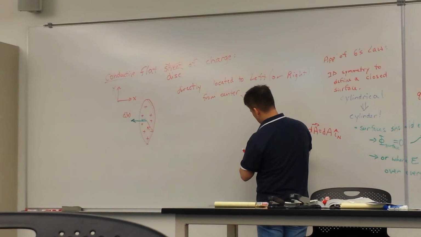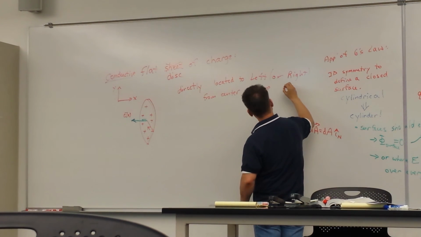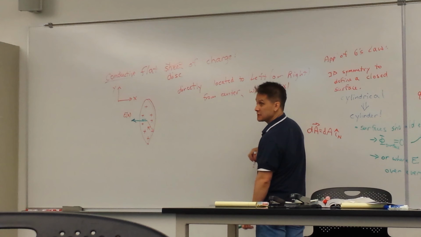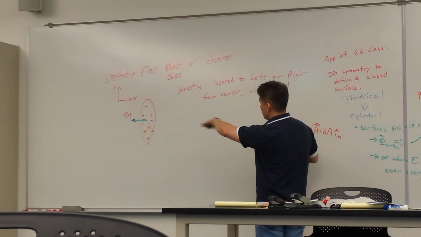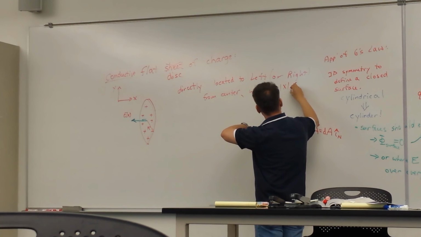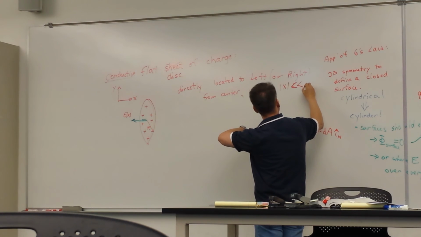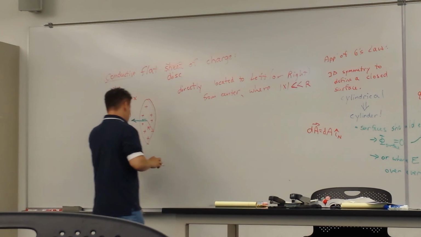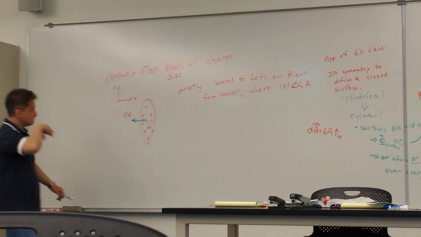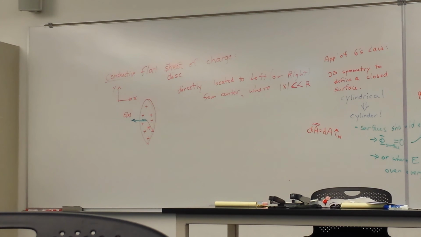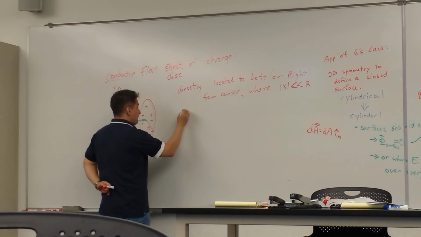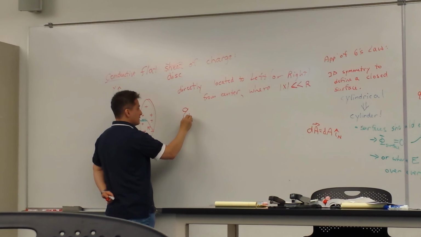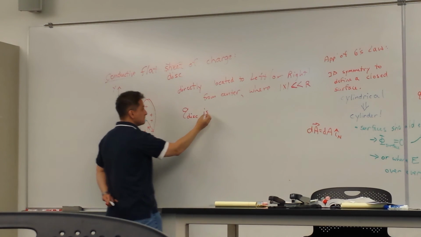And let's assume that the magnitude of this distance, x, is relatively small compared to the radius of the disk. And Q on the disk is uniformly distributed.